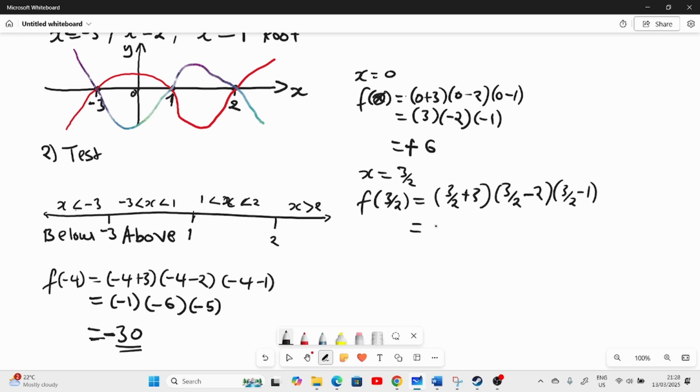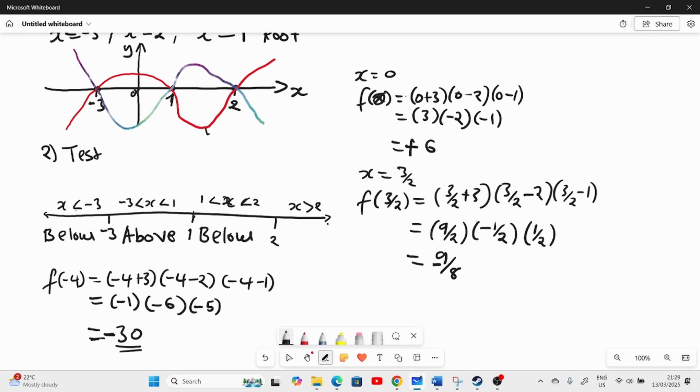So this is going to give you 9/2, then -1/2, and the other one is going to give you 1/2. If you multiply this, you get -9/8. This is negative, so it means the graph is below in this interval, and indeed the red one is below here.